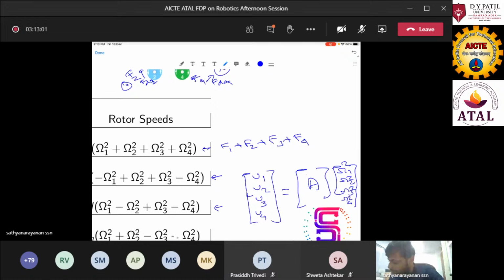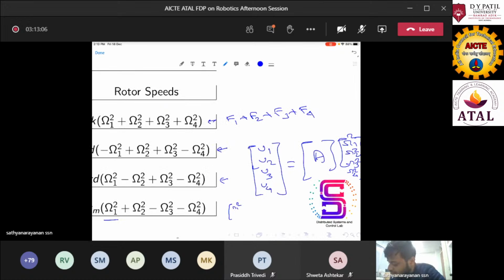Based on that, omega 1 square, omega 2 square, omega 3 square, omega 4 square is nothing but your A inverse times U1, U2, U3, U4.